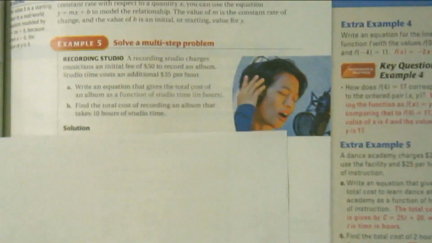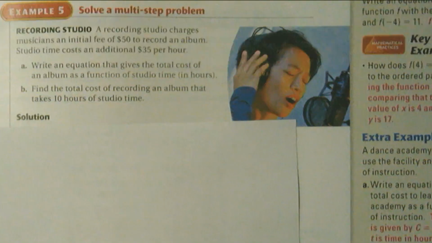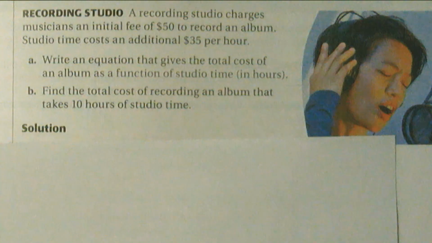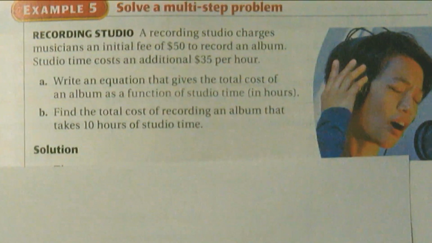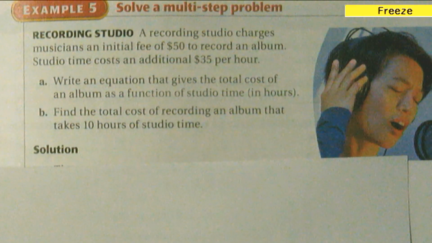I know some of you like to write that down. I want you all to do this problem. If you notice in part A, you're writing the slope-intercept equation with variables in it, and then in B, you're using it. So example 5 from page 225.